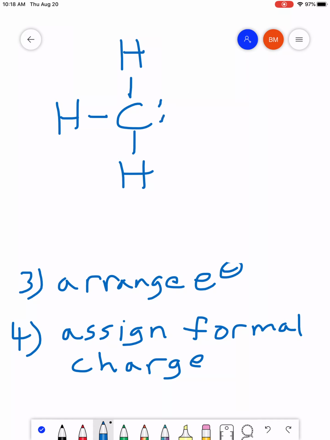In this case, 2, 4, 6, 8. Carbon is actually going to have a formal charge of -1. So overall, CH3 has a negative charge. Specifically, that negative charge is going to be on the carbon atom. Once we get to the charged species, I will talk about this in a little bit more detail. But that's just what I simply mean by formal charge.